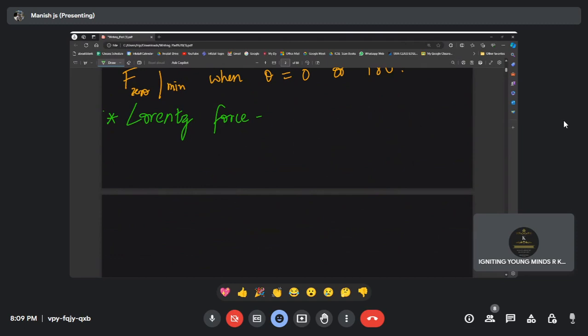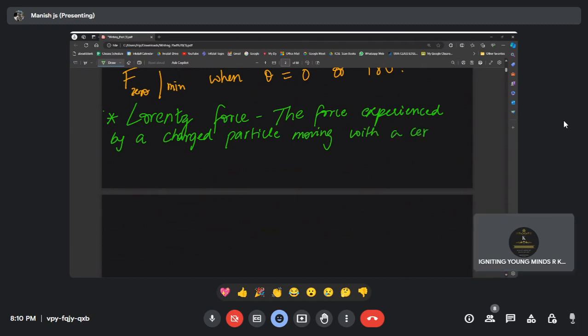When you have a charged particle that is moving with some velocity, which is subjected to an electric field and magnetic field both, the force, I'll write the definition here: the force experienced by a charged particle moving with a certain velocity in the presence of both electric and magnetic field.